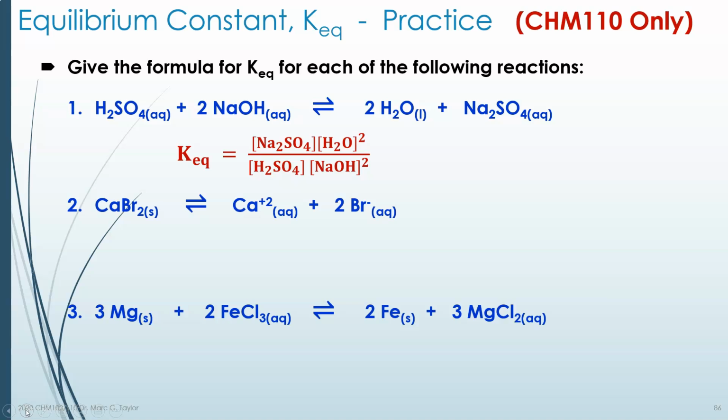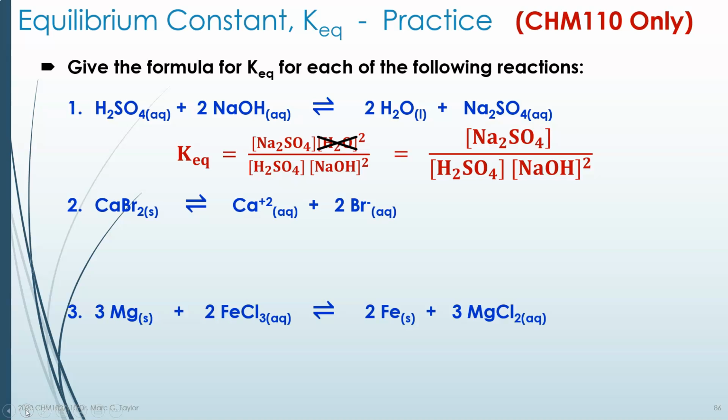And you'll notice our water is a pure liquid. And then that's divided by the aqueous concentration at equilibrium of sulfuric acid, H2SO4, and divided by the equilibrium concentration of sodium hydroxide squared. And we cross out the water because water is a pure liquid.